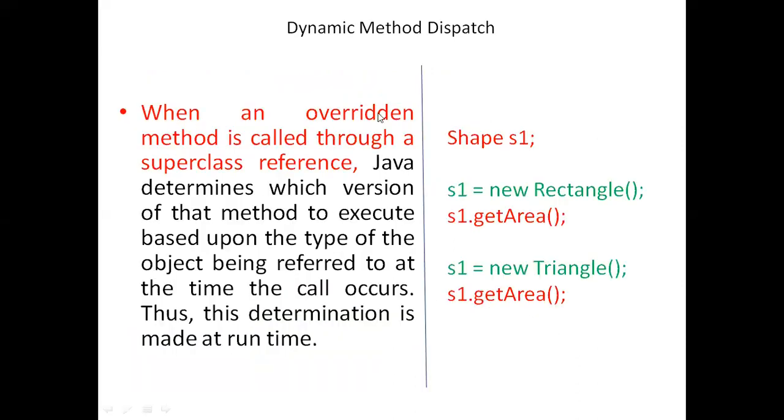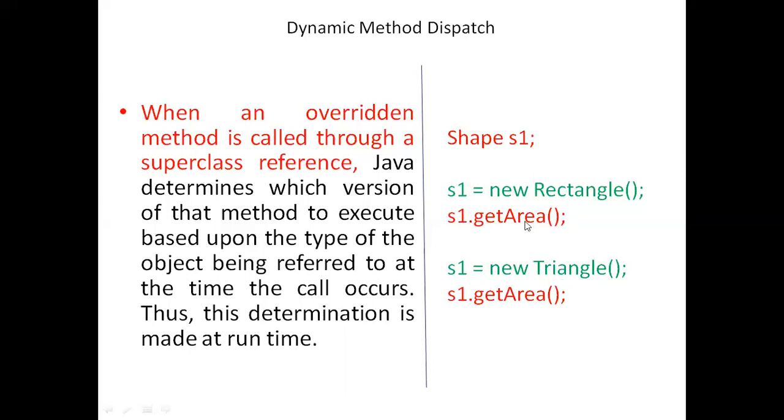So when an overridden method is called through a superclass reference, what happens? For example, I am creating Shape S1, and S1 is equal to new Rectangle, then S1.getArea. I am calling this getArea method, which is an overridden method, present in Shape, and also present in Rectangle and Triangle.